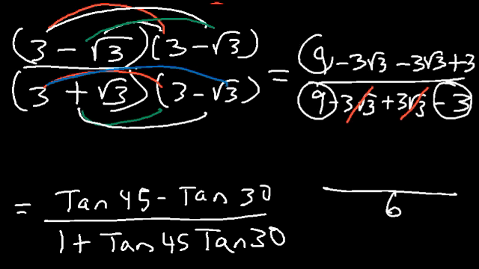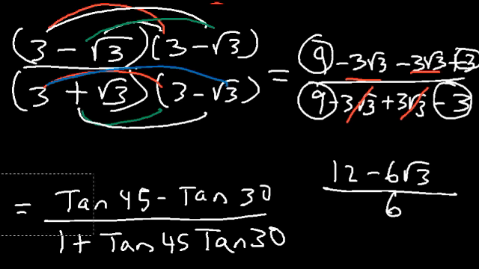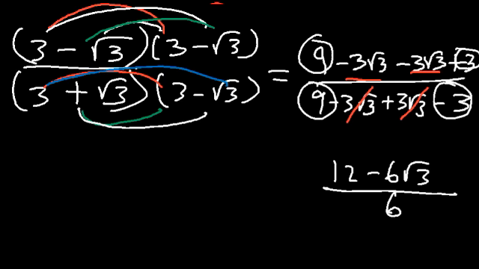On top, we have 9 plus 3, which is 12. And we can add these two. That's going to be minus 6 root 3. So at this point, we could separate this into two fractions. So we can divide the 12 by 6 and the 6 root 3 by 6.